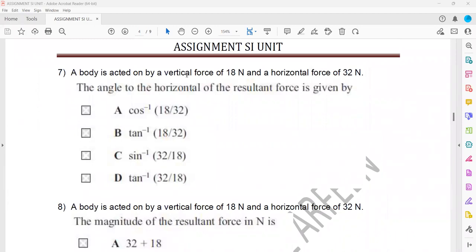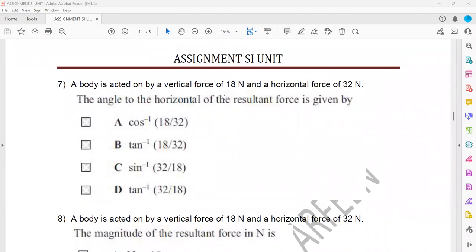In question 7, a body is acted on by a vertical force of 18 Newton and a horizontal force of 32 Newton. Find the angle to the horizontal of the resultant force. So there are two forces which are acting. A vertical force is 18 Newton and the horizontal force is 32 Newton.